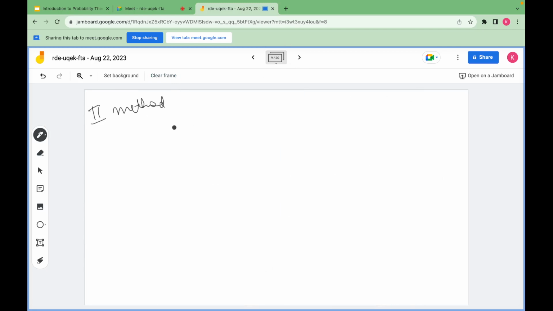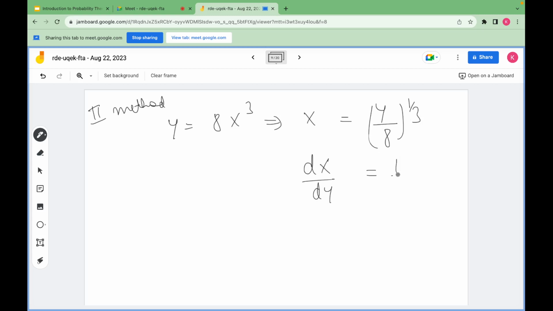The second method could be: it is given that y is equal to 8x cube, so we will write x in terms of y, and then we will find dx by dy, which is 1 by 3 y to the power 1 by 3 minus 1, divided by 8.